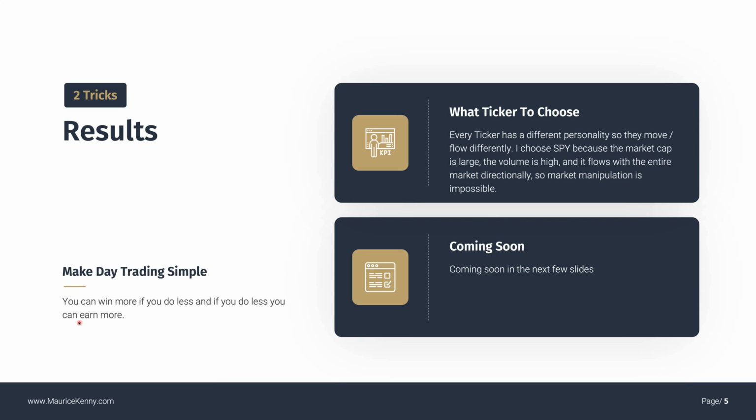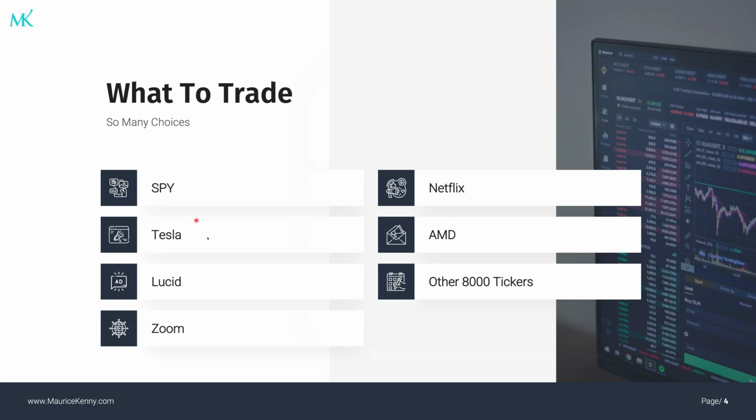As an extension to this, let's say you only trade SPY. You don't have to jump and hop back and forth between saying, okay, SPY's going up, Tesla's going sideways, Lucid's doing some weird stuff because of news, Zoom's going down because COVID's maybe not as crazy as it was before, so it's going down because it was overinflated.